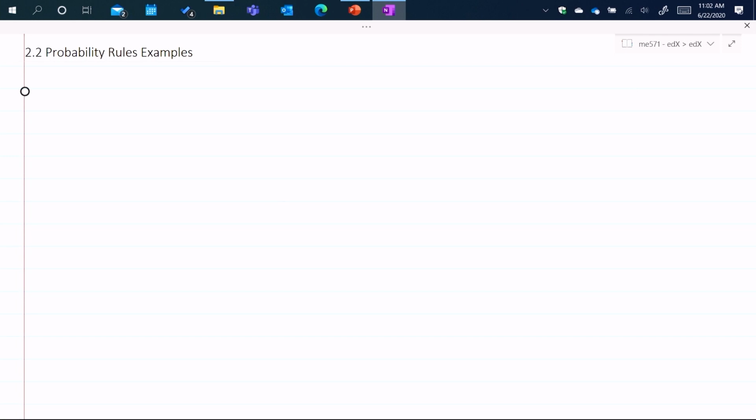So we're given that we have 100 parts, 95 of them are good, 5 defective.